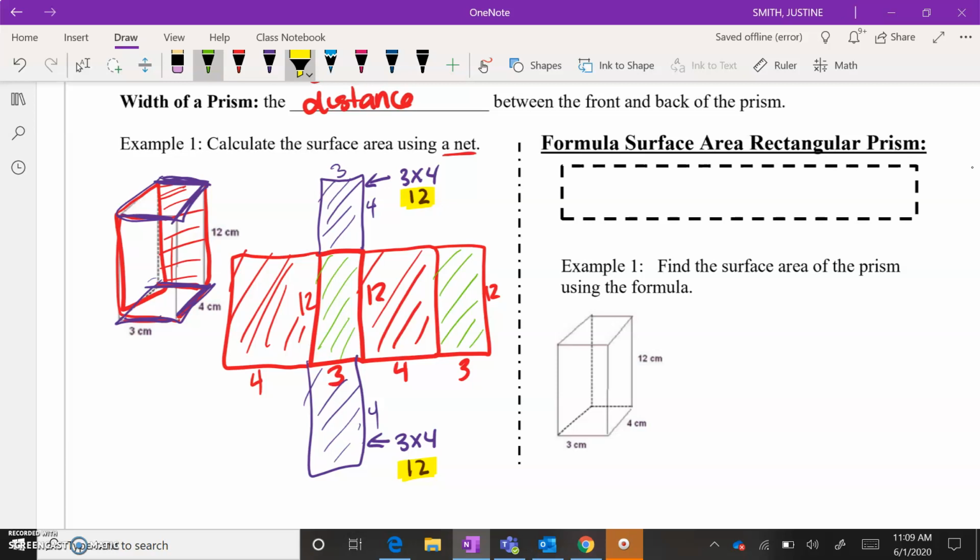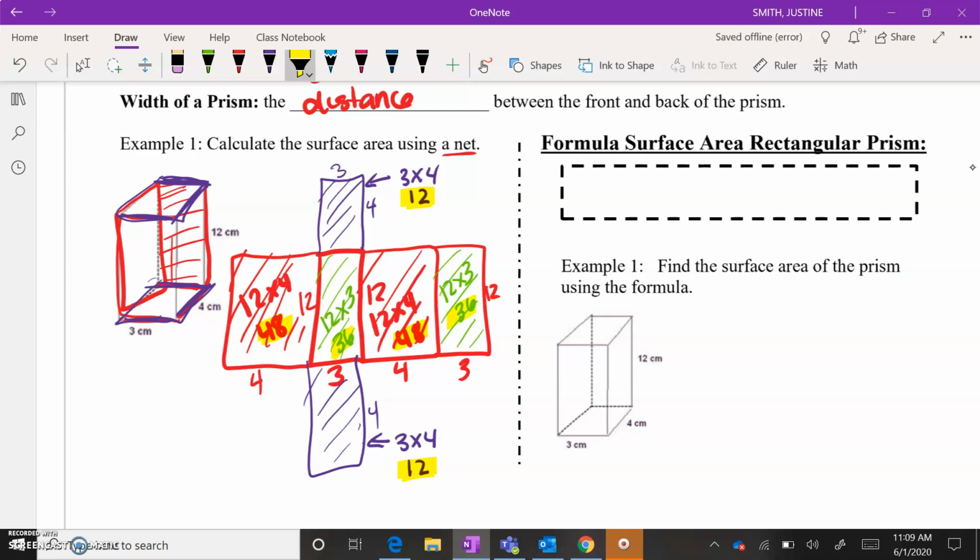Then I would have this outside rectangle, this 12 by 4, which would give me 48, and another 12 by 4 over here, which would give me another 48. The last thing I would have is this 12 by 3, which would give me 36, and another 12 by 3, which would give me 36.